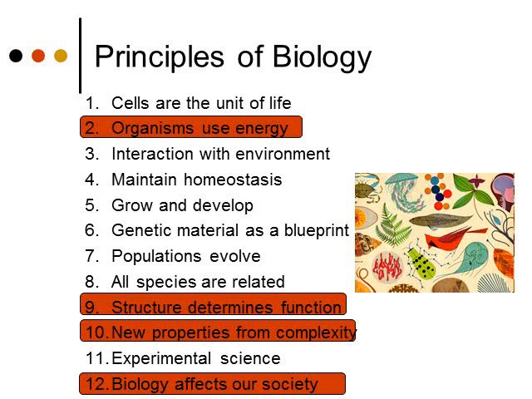Number 10, how new properties come from complexity. And also number 12, how biology affects our society. So I'm going to try to relate this organic chemistry chapter to real life examples.